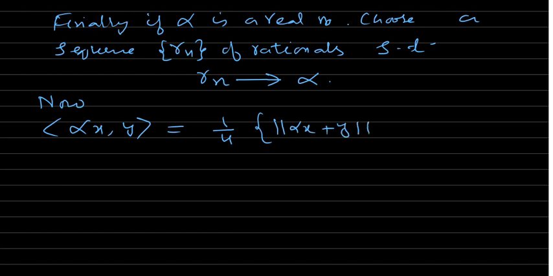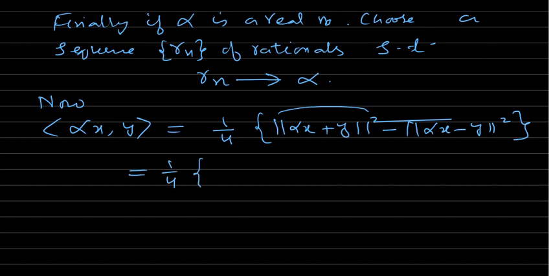Now this is not an inner product, if it were an inner product I could apply the continuity property. But I cannot apply that because this is not stated as an inner product. But this is a norm, and the norm is continuous, so I can apply the continuity property of the norm here. Minus norm of alpha x minus y, squared. This is equal to 1 by 4 times norm. What's alpha? Alpha is the limit of Rn.